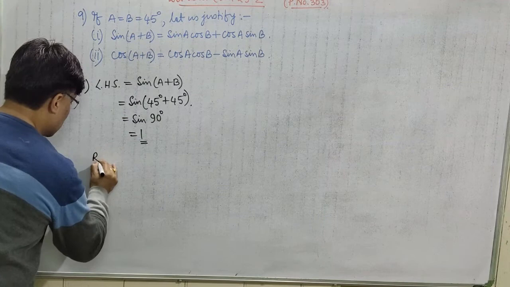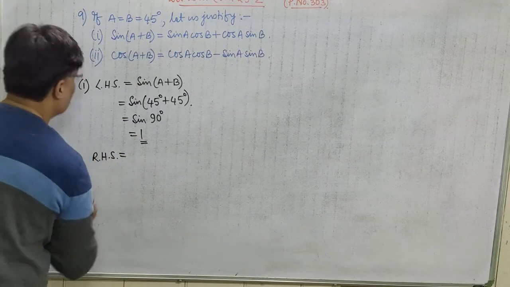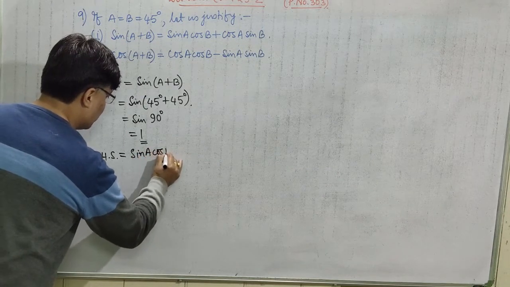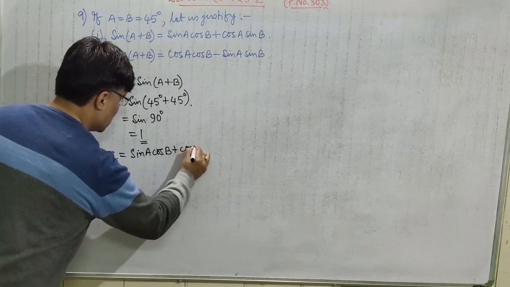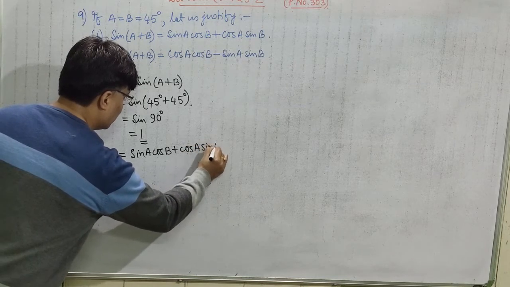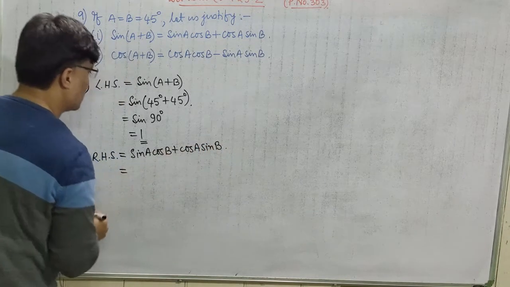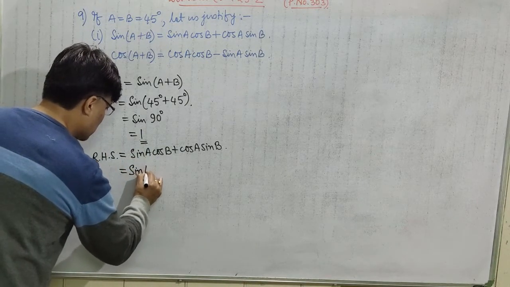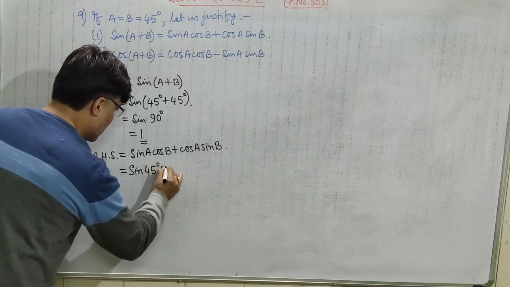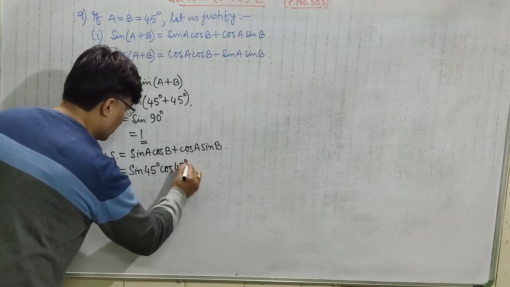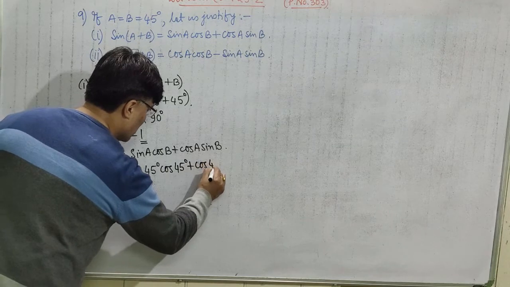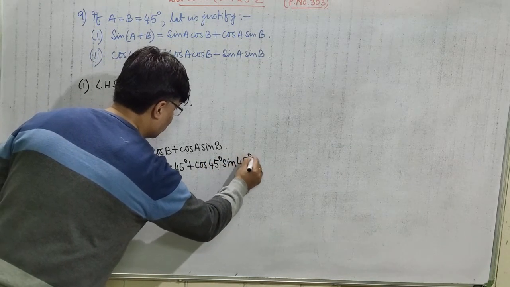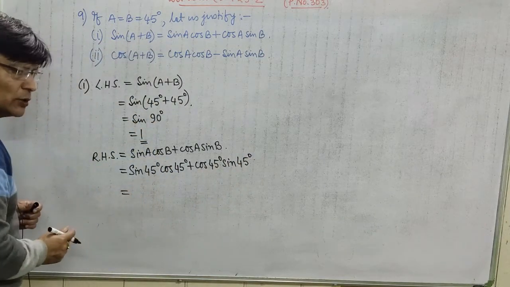Now let us write down RHS. Let us justify it. So what is RHS? It is sin A cos B plus cos A sin B. So let us put those values of A and B. It is sin 45 degrees cos 45 degrees plus cos 45 degrees sin 45 degrees.